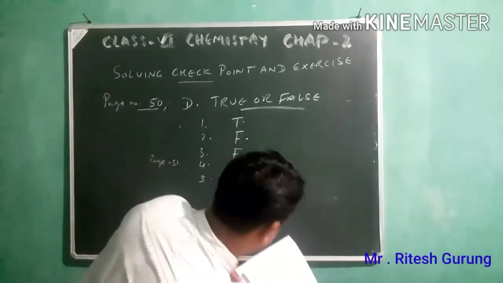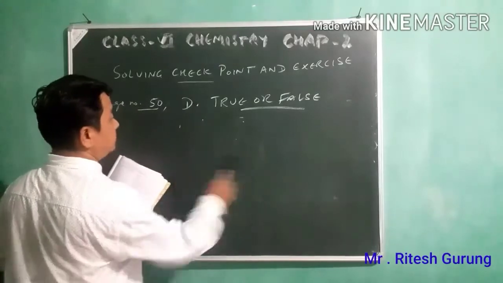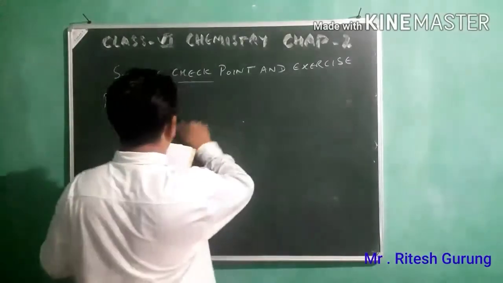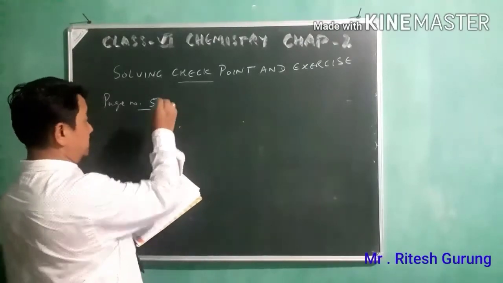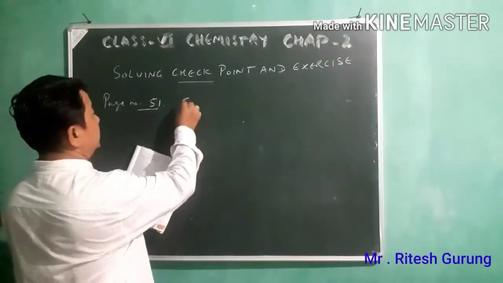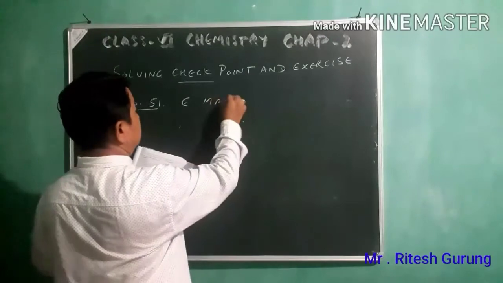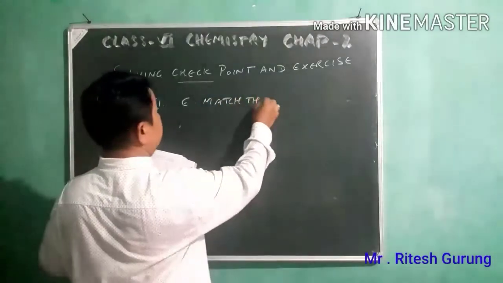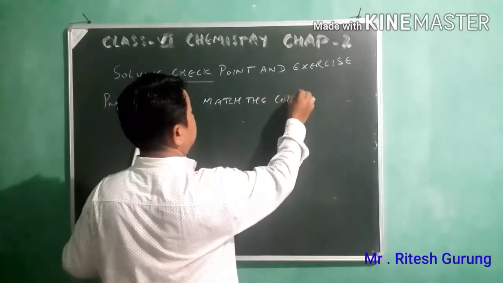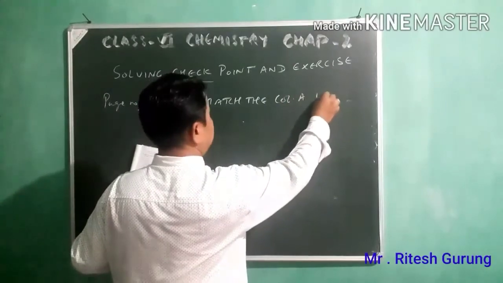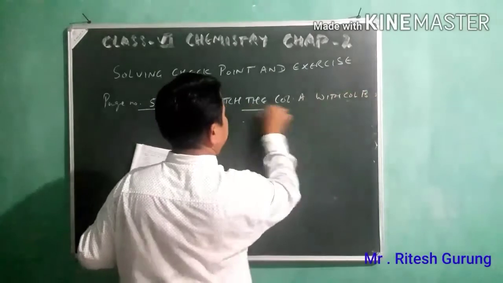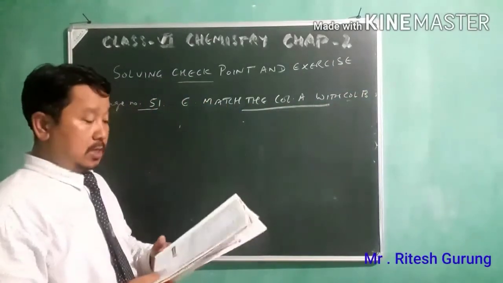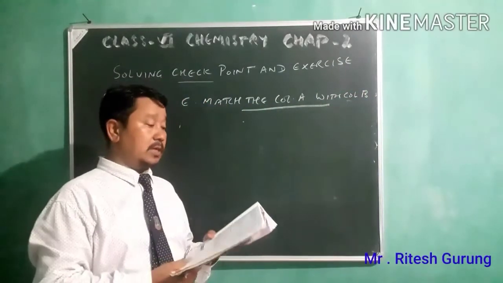Now we go to the next, your E, that is page number 51. Here E, match column A with column B. Just check your book, page number 51.